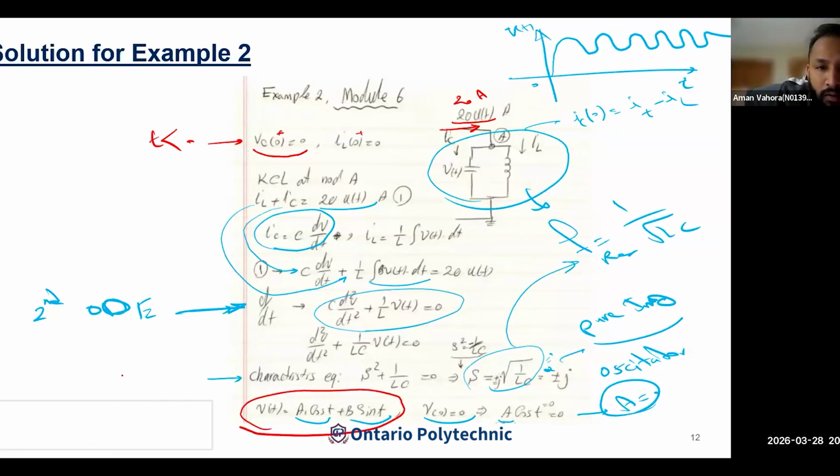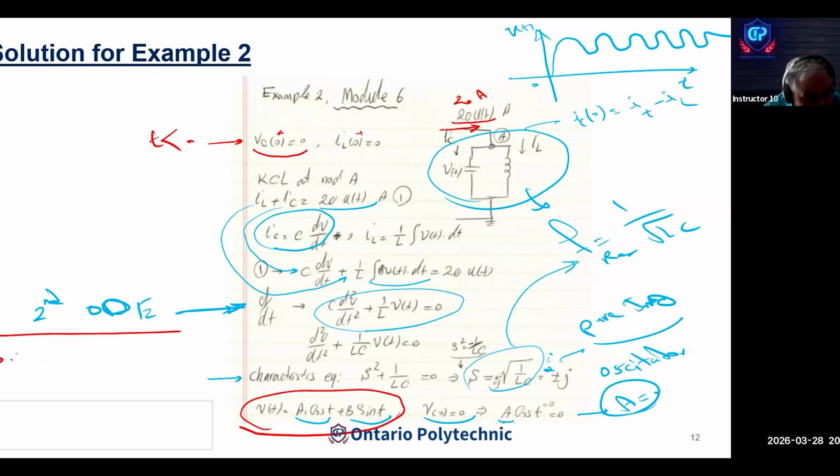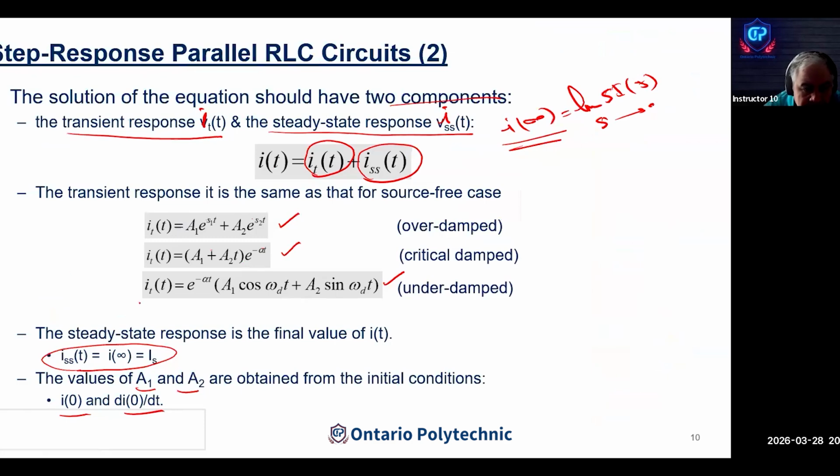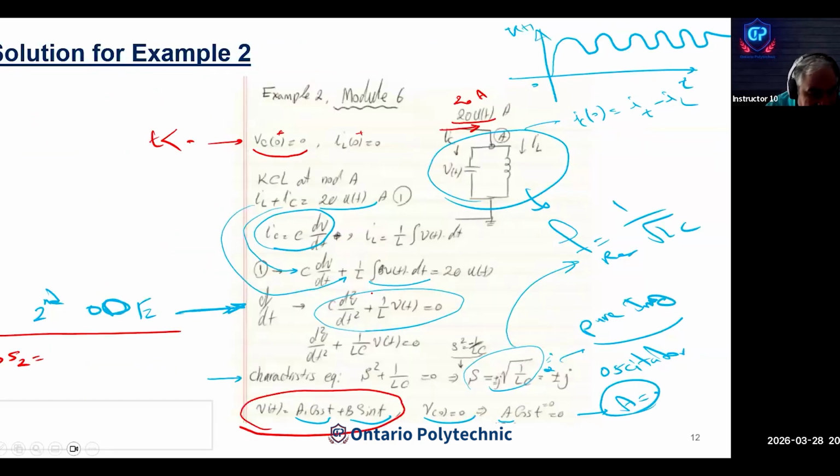Because for S1 and S2, if you remember, it is a complex number. S1 and S2 are alpha plus beta J. We know our result, for example V(t) or I(t), is equal to e^(alpha t) times A1 cosine beta t plus A2 or B, it doesn't matter, sine beta t.